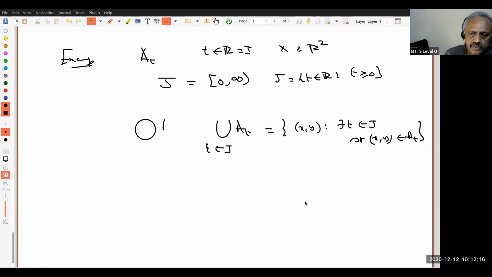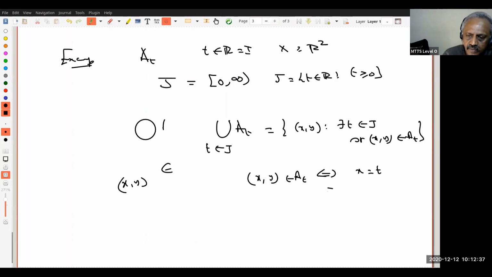Right? Now start with an element (x, y). If it belongs to the union of A_t here, that means there is a t in J so that (x, y) belongs to A_t. If (x, y) belongs to A_t, when does it happen? This happens if and only if x equals t. But what is my assumption about t? t is greater than or equal to 0. Therefore, this means x is greater than or equal to 0.